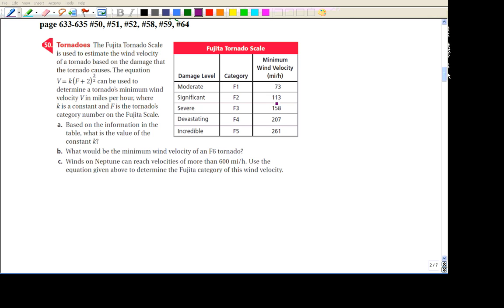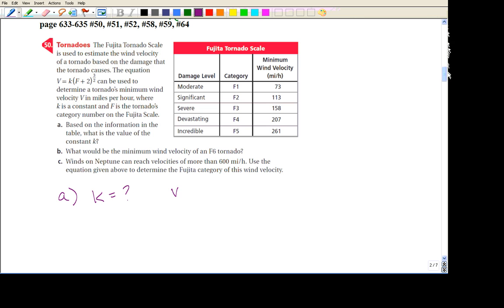Based on the information in the table, what is the value of the constant K? So what we can do is just take one of these rows. Let's just use the first one, I guess. We're going to solve for what K is equal to. Okay.